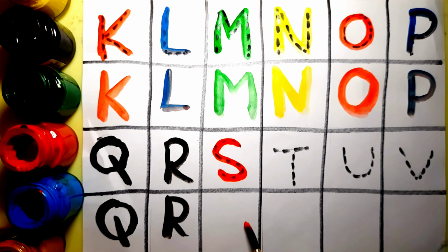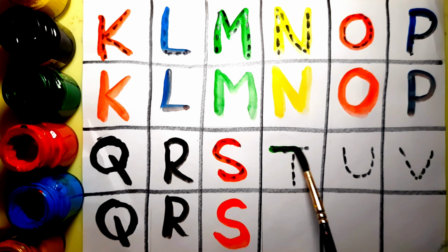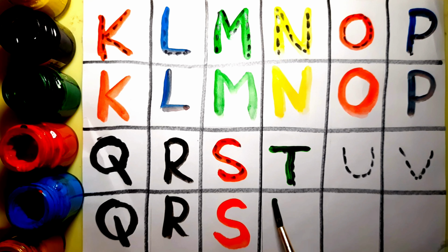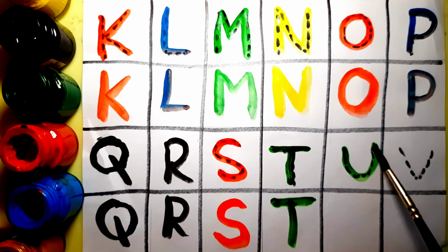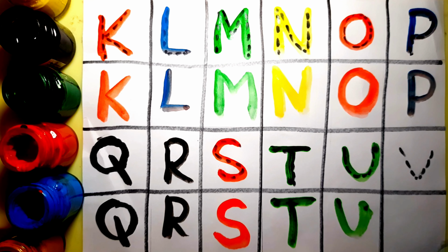S for sunflower. T for tree. U for uniform. V for violin.